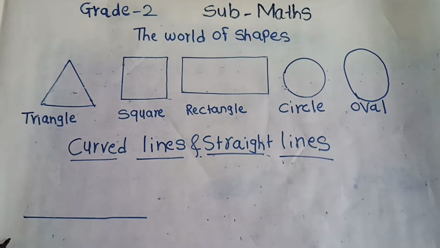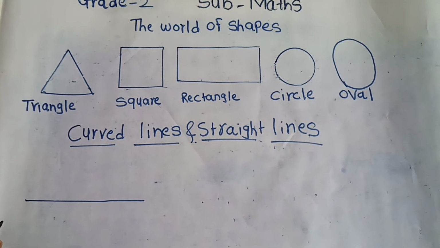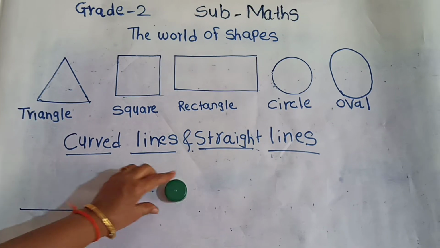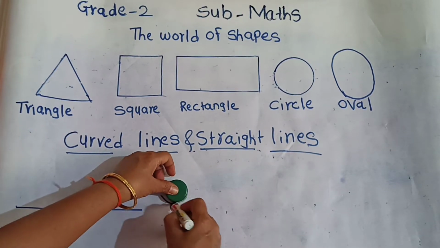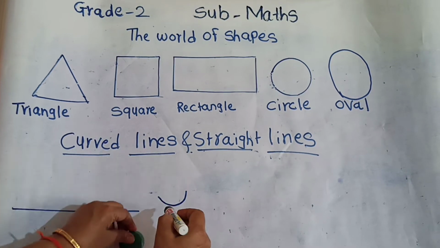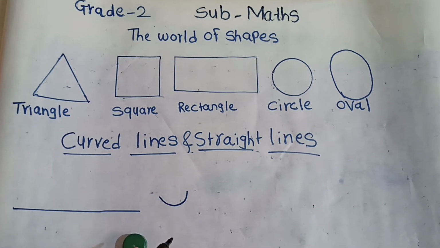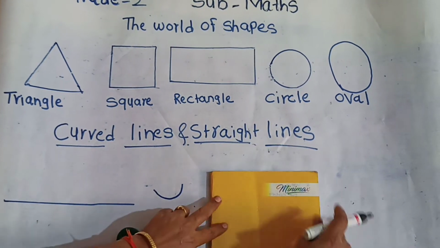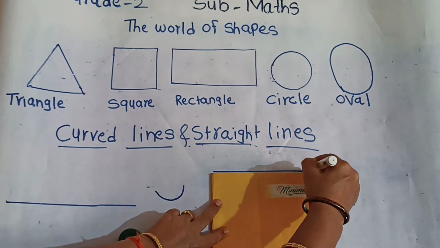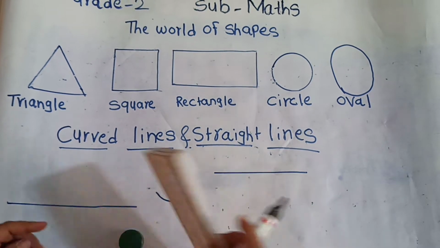Then this lid. Look here. This lid is in curve shape. Now this notebook is also in straight shape.